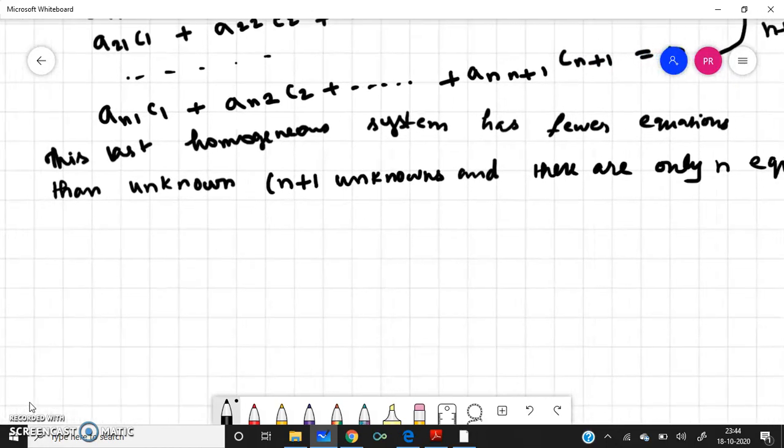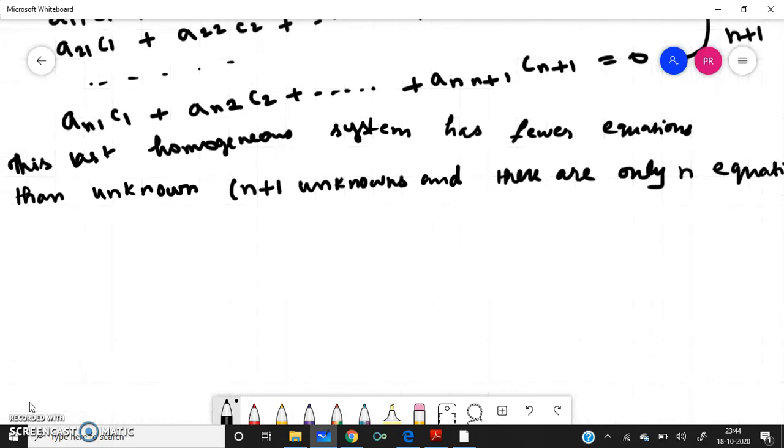From n equations, how can we find n plus 1 unknowns? So one can be written in terms of the other. Any one term can be chosen, so all the equations can be written in terms of c1, or all the equations can be written in terms of c2, like that.